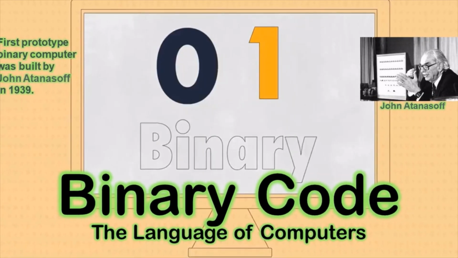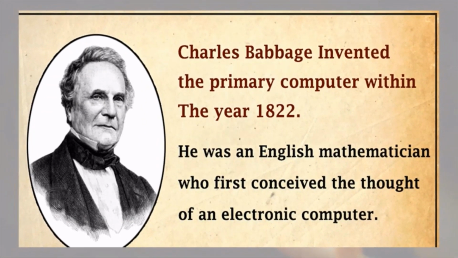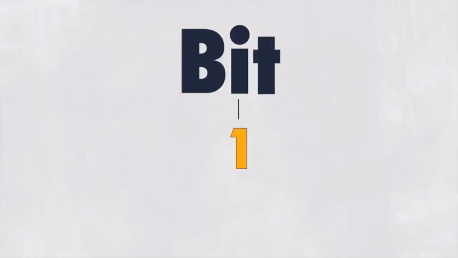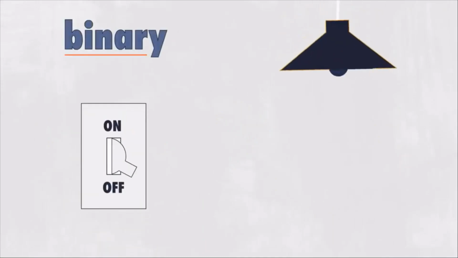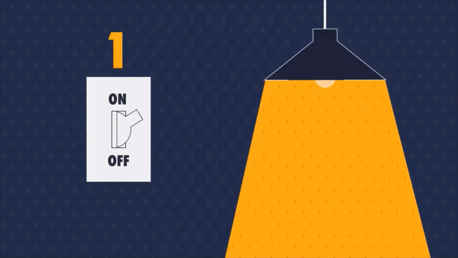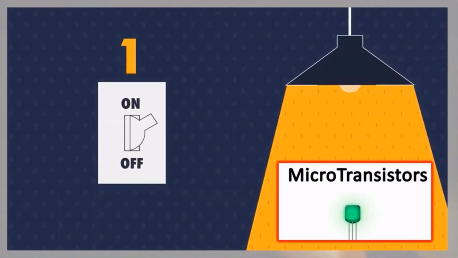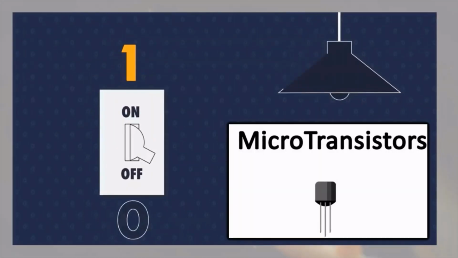Information in computers is stored in binary system, which is stored digitally, and it was developed by John Atanasoff. And the binary coding system is made up of binary digits, which are nothing but bits 0 and 1. And this is what is stored in computers in binary system, and it is based on the on and off condition of microtransistors. 1 represents the on condition, and 0 represents the off condition of the microtransistor.